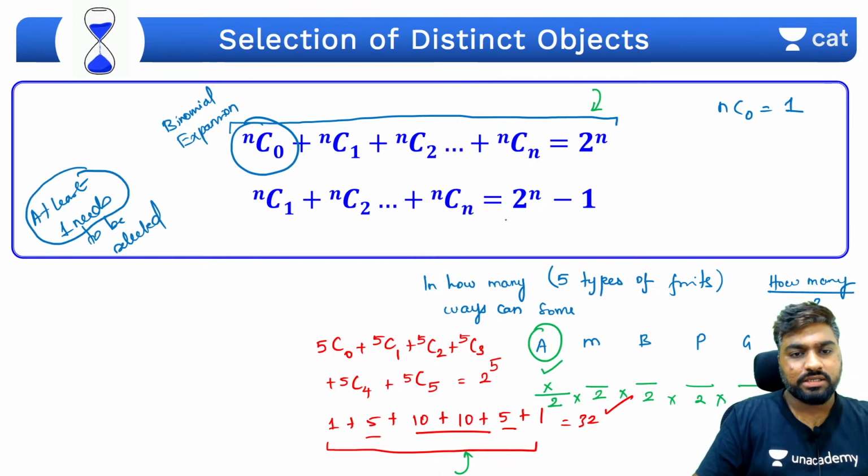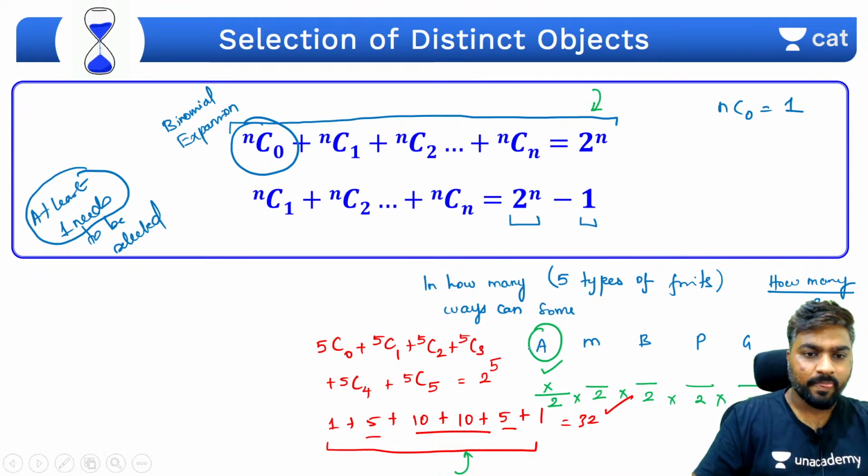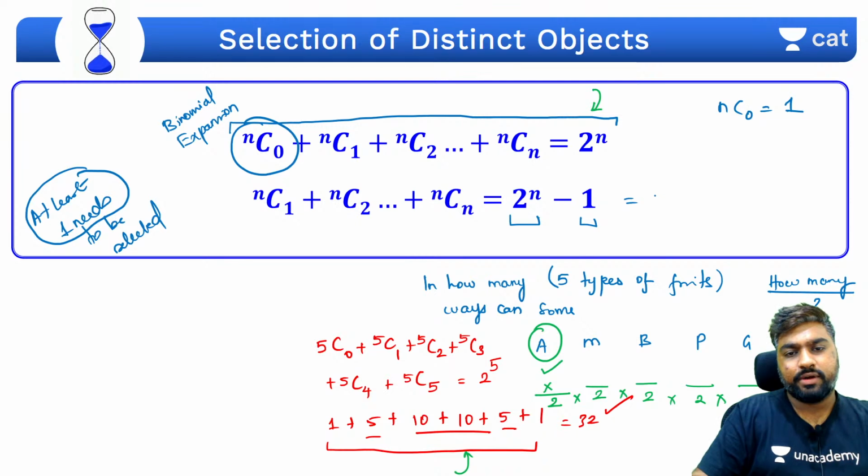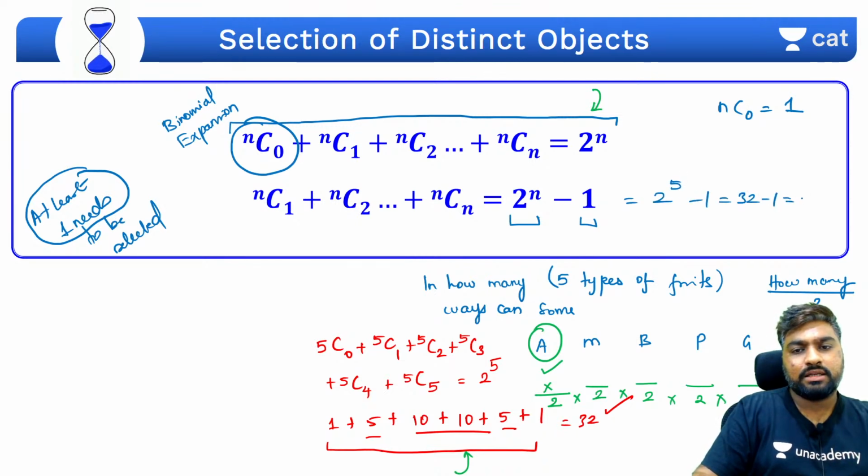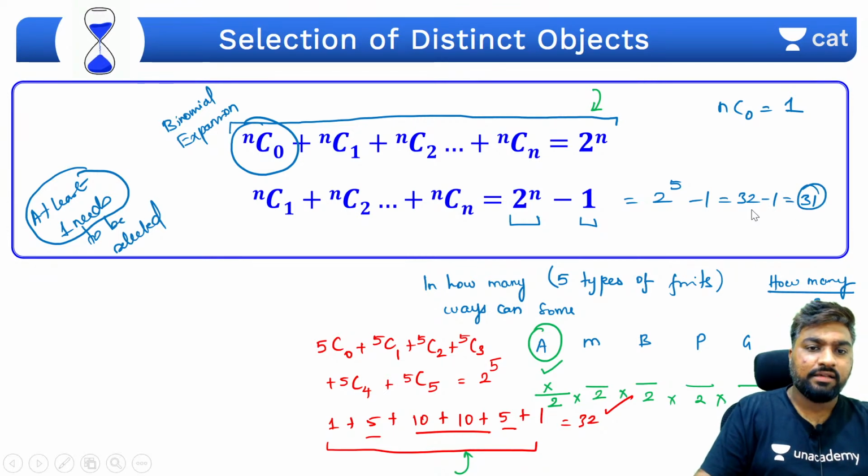So this becomes 2 power n minus 1. According to our example, it's going to be 2 power 5 minus 1, that is 32 minus 1, 31. So there are 31 ways of selecting fruits where at least one fruit is definitely selected. Clear? Sorted?